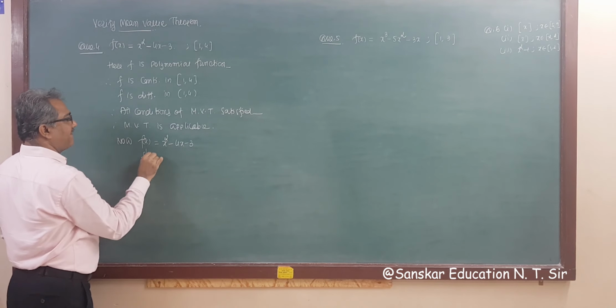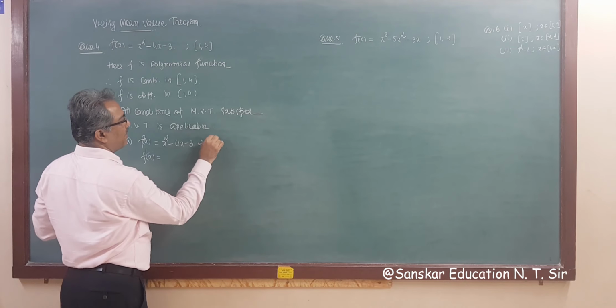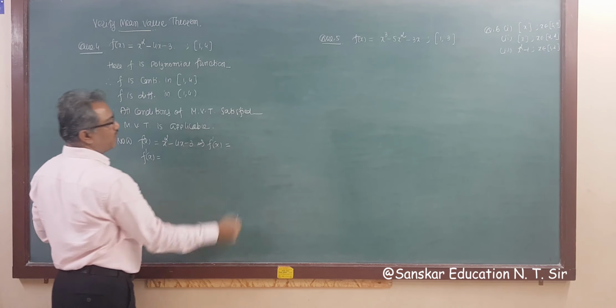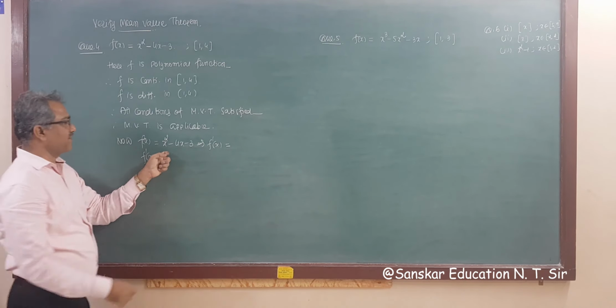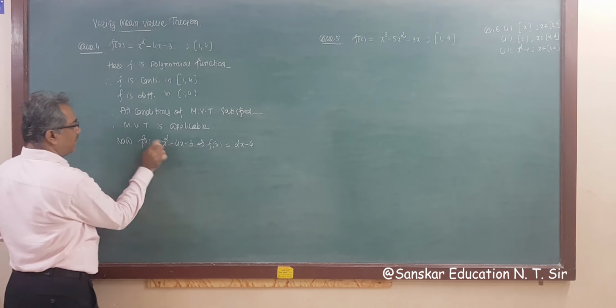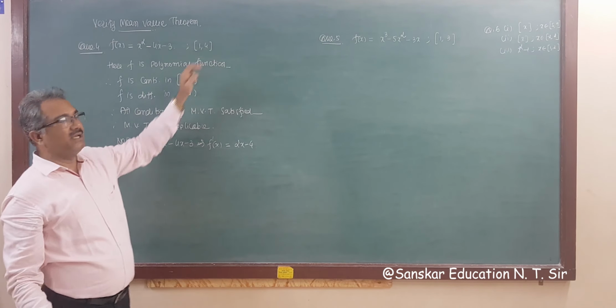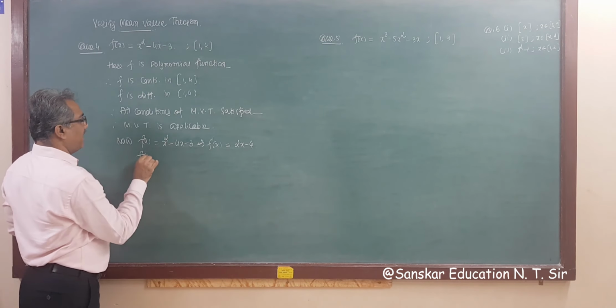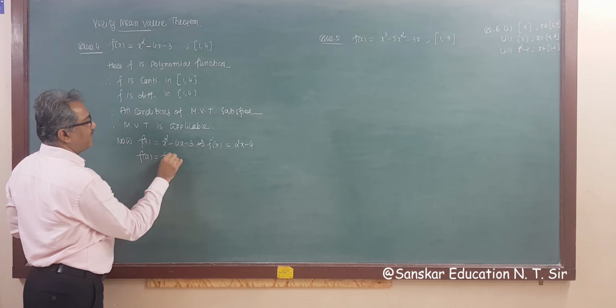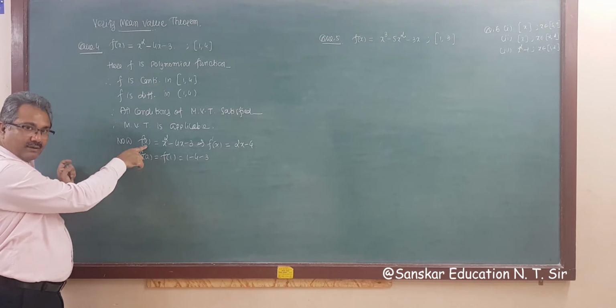Therefore, f dash x is equal to, derivative of this is 2x minus 4. Now you require f of a and f of b. That is f(a) is equal to f(1): 1 minus 4 minus 3, you have to substitute 1 here, right?